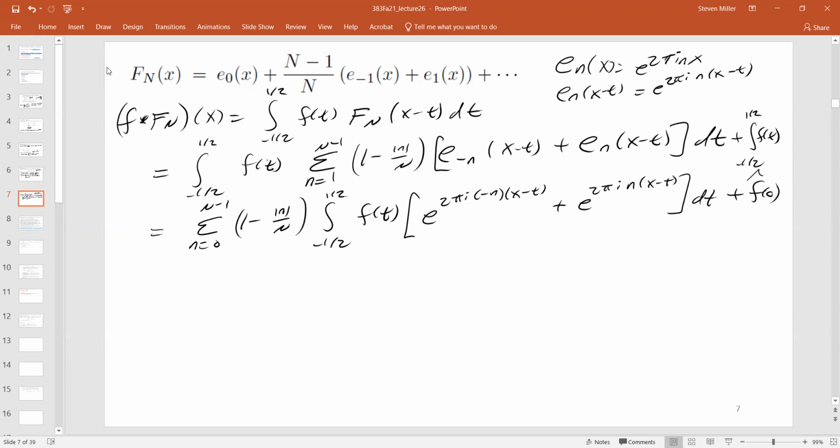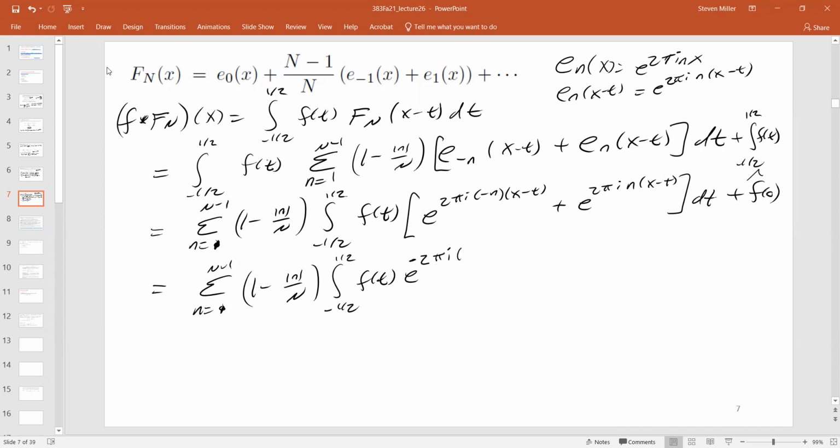When we look at what's going on now, this is just a sum, n goes from 1 to N minus 1, 1 minus absolute value of n over N. Then we have the integral from minus 1/2 to 1/2, f of t, e to the 2 pi i, we're going to have negative n, negative t.